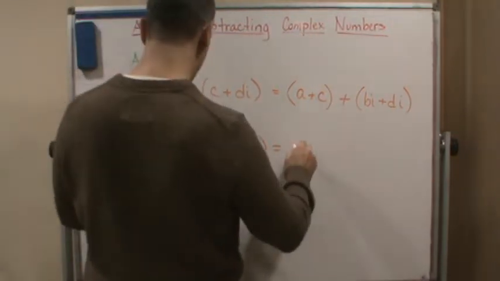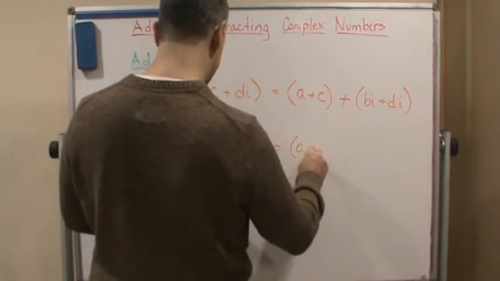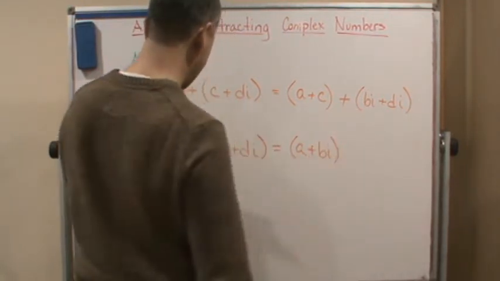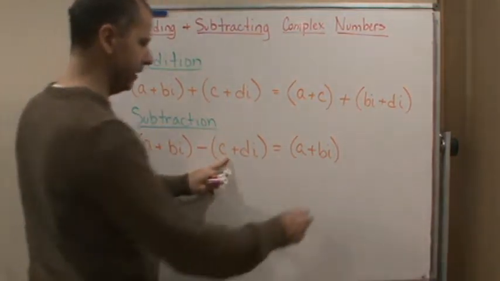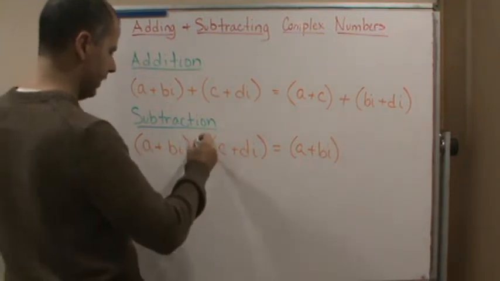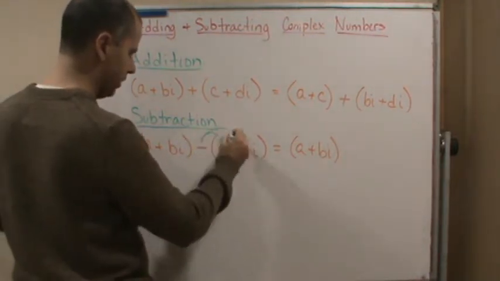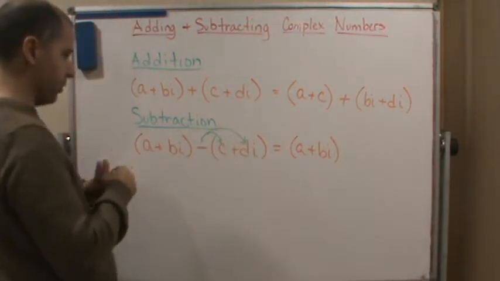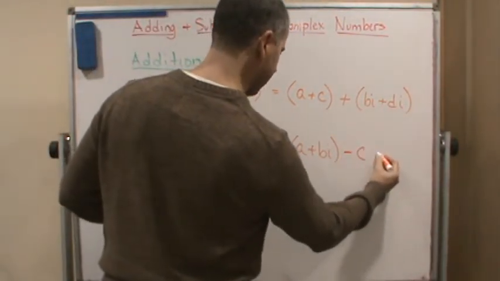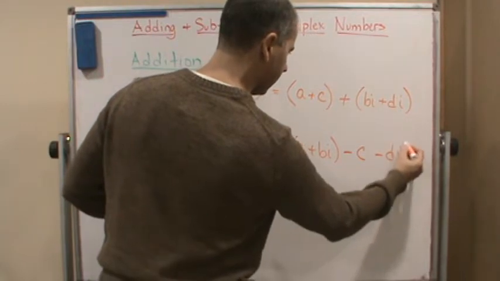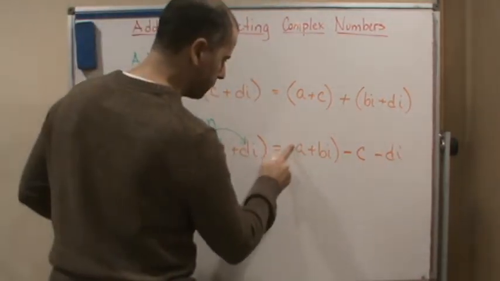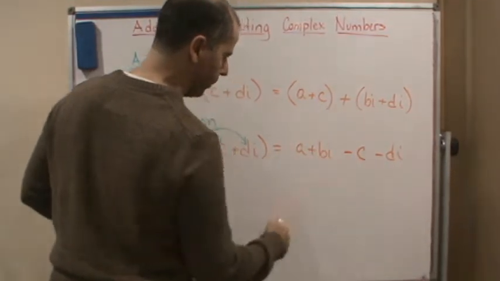We would write this as a plus bi, and then minus c minus di, because we distribute the negative to both pieces. Now we can drop these parentheses because it's just plus, and we've already distributed.